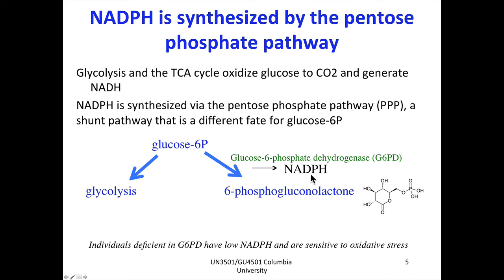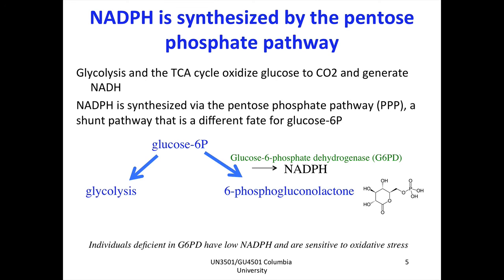So interestingly, individuals that are deficient in glucose 6-phosphate dehydrogenase, in other words, that can't make NADPH, this major source of NADPH, as we would expect, have low levels of NADPH. So they're deficient in NADPH. And what happens to them? Well, NADPH, I said, is a reducing agent.